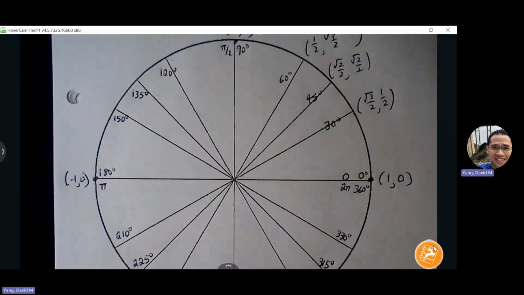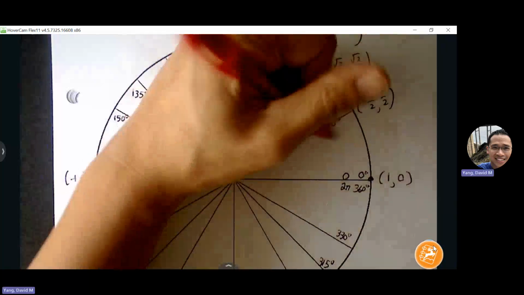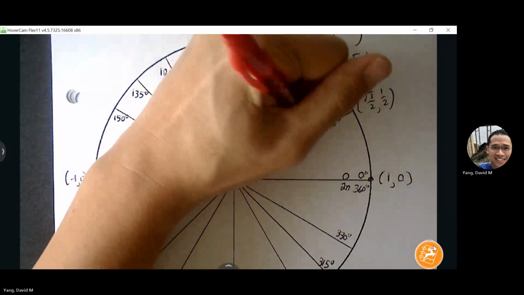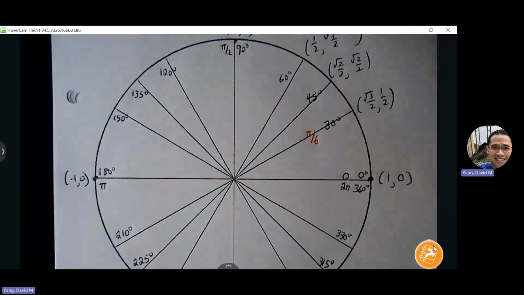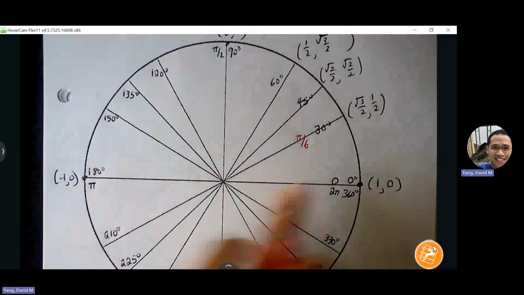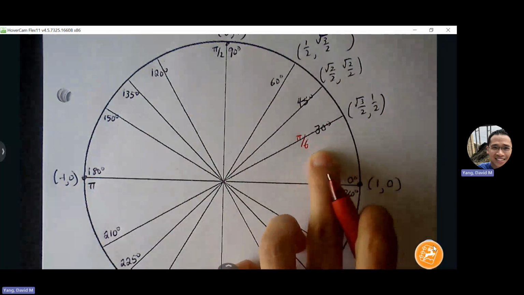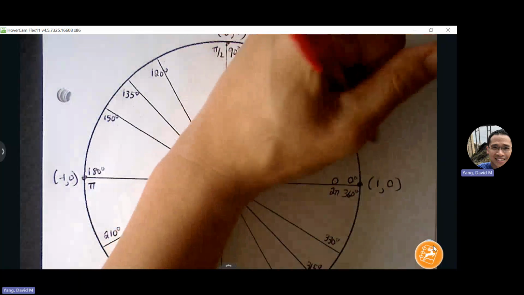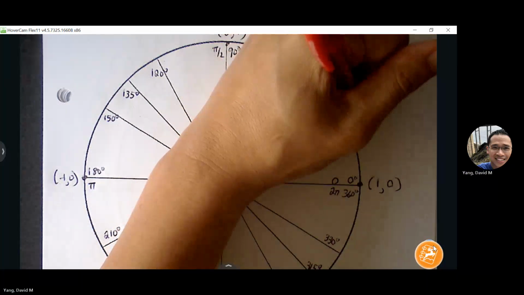Okay, so the more important ones are the radians. Okay. So radian measure pi over 6 is equivalent to 30 degrees. You can always convert back and forth between these two if you're having trouble.